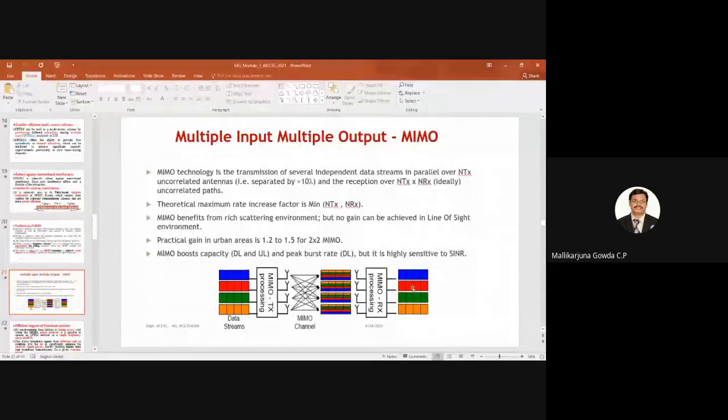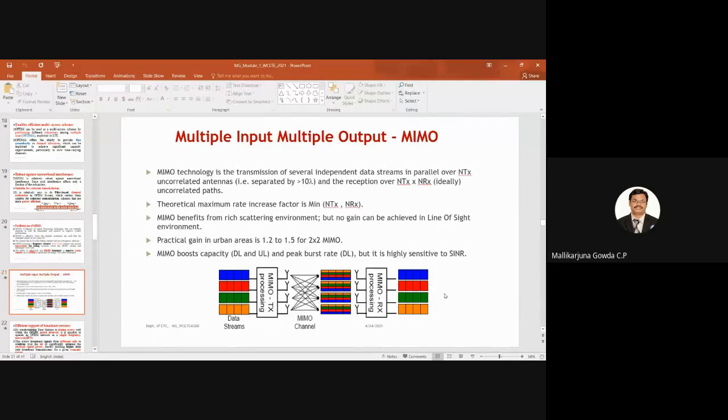I think this much is more than enough as of now, because we need to start with SISO, single input, single output, then single input, multiple output, then multiple input, single output, and only then will we be able to understand multiple input, multiple output. We'll talk about this later on. Just to get an idea of what MIMO is, I'm showing this.